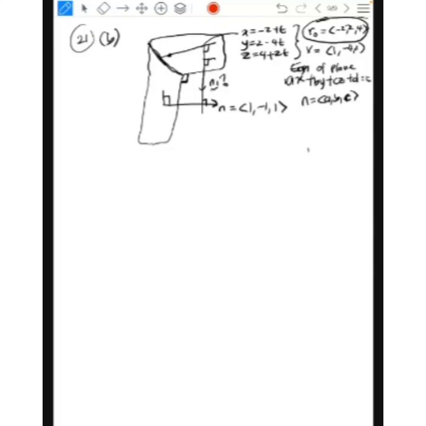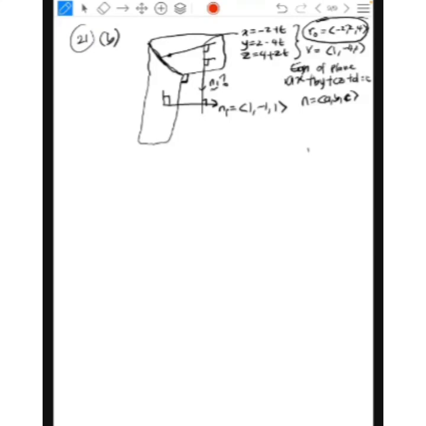Because the line is on the plane, we want to find a vector that is normal to the plane. So that vector must also be 90 degrees to the line. And then n1 must also be normal to the n, which is the normal of the plane. How to find one vector that is 90 degrees to two other vectors?